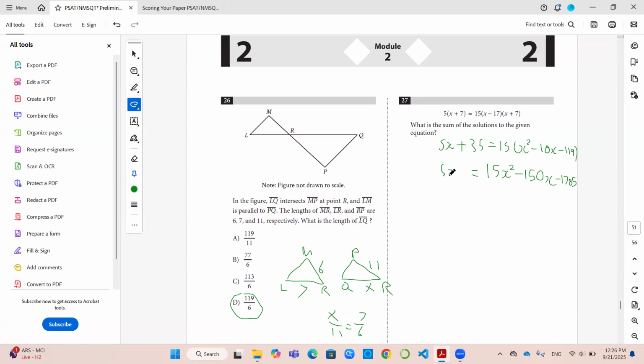And then this is 5x plus 35 and 15x squared. And then I can divide everything by 15.